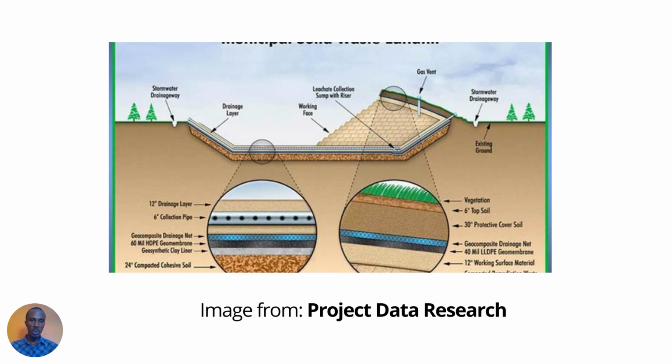But also we have the covering soil and the vegetation that protects the waste from being blown away by wind and the running water. Then we also have stormwater diversion channels to protect the landfill and make it more stable.